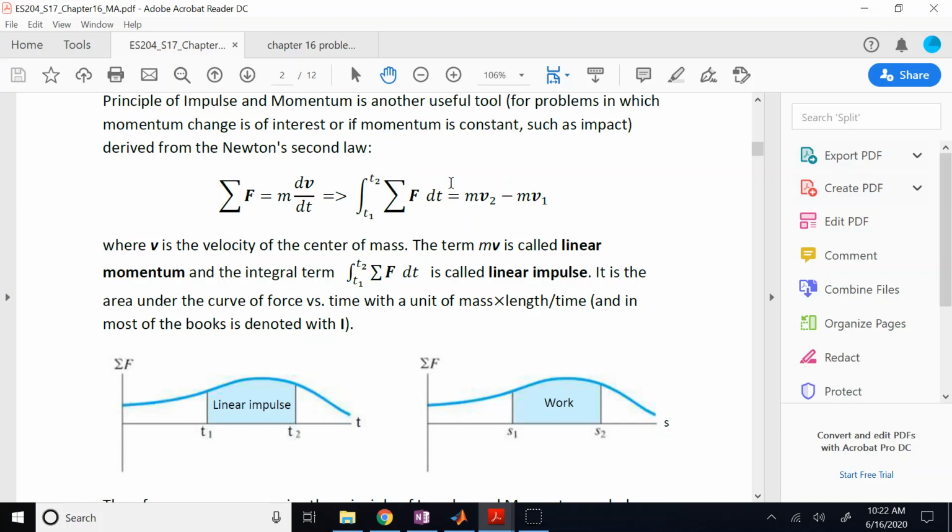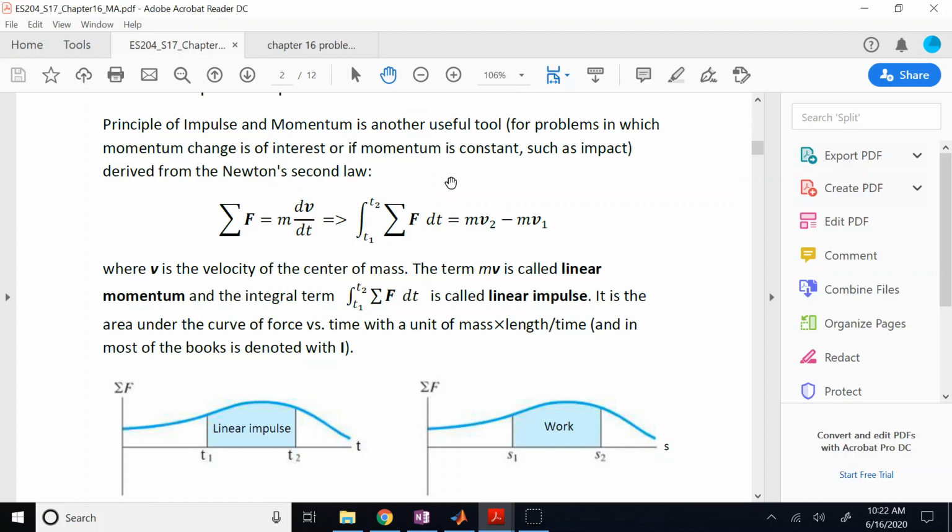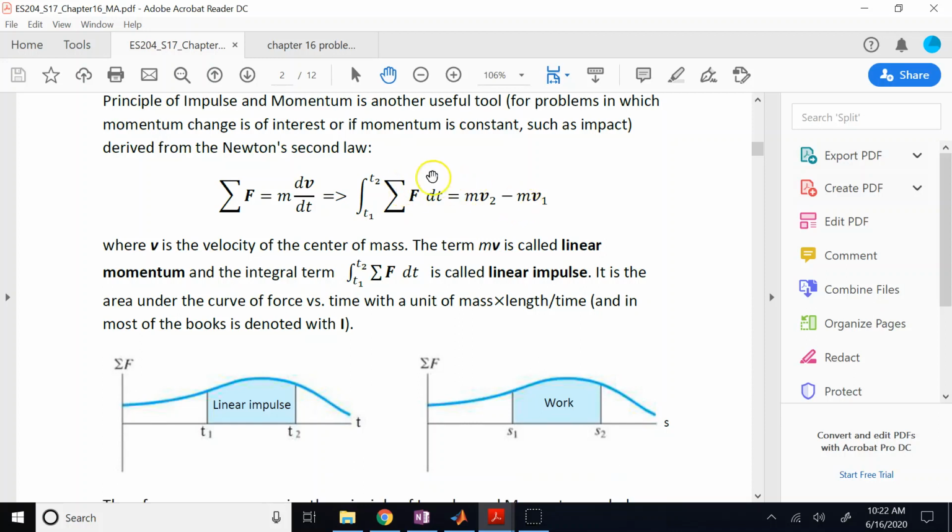What type of problem? We're going to see typically the problems where either we know this integral of force versus time, but most of the time we don't know, and this left-hand side is zero or negligible. So the quantity on the right-hand side is zero. In other words, mv2 is equal to mv1, and so it means that the linear momentum is not changing.